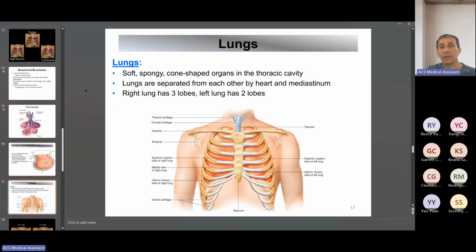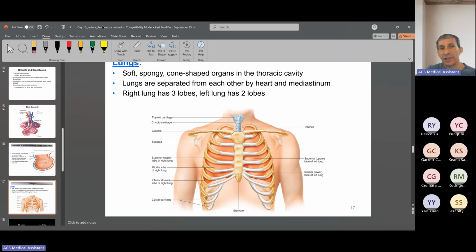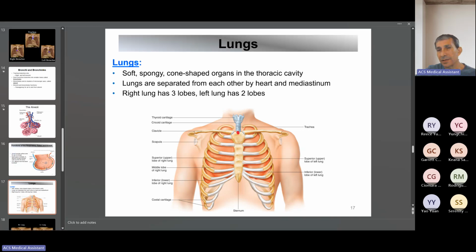Let's talk about the lungs. So as I mentioned before, we have two lungs. One on the right, one on the left. And remember, just like when we talk about the heart, these lungs are separated right here by the mediastinum.